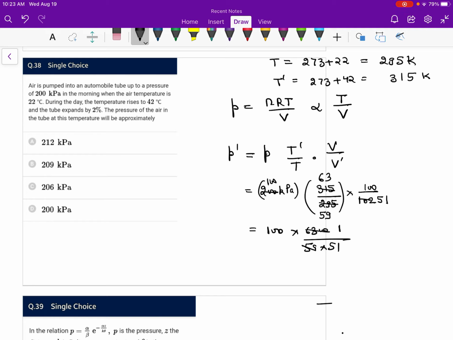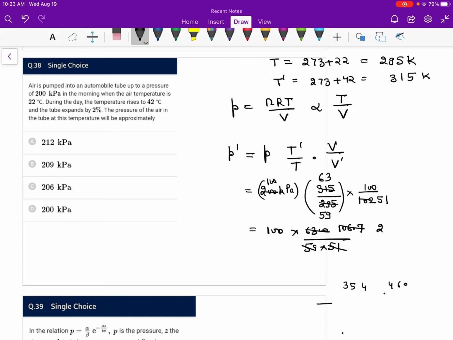Now 59 ones are 59, carry forward 4. 5 7s are 35, 6 9s are 54, and so on. So this is 106.7.